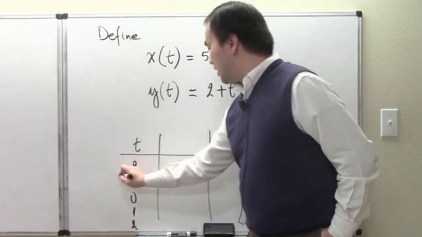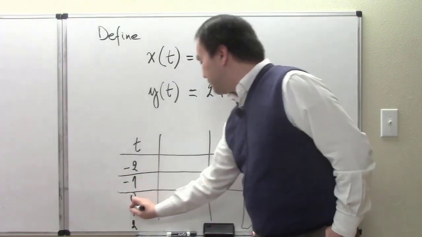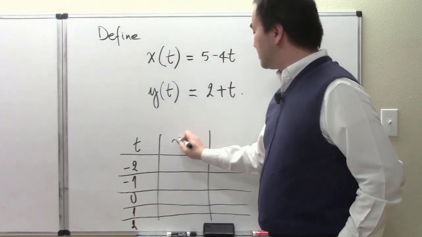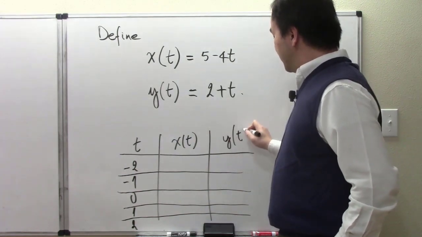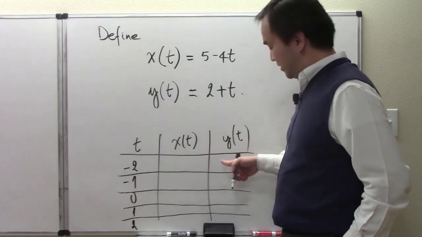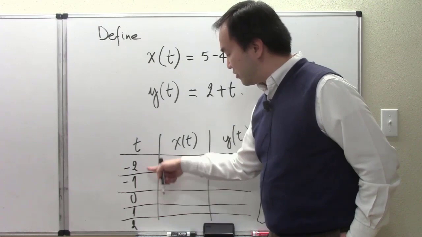And now once we have chosen the values for our independent variable, we're going to have 2 other columns of values that are dependent on these chosen values of t right here.